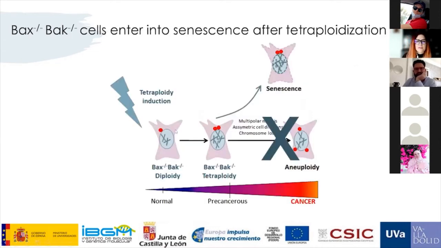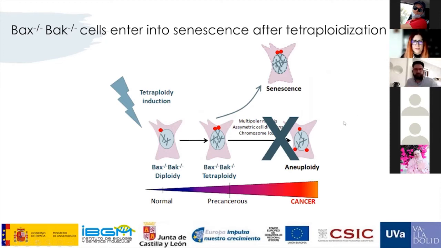What does that mean? So that means that if we have diploid double KO cells and we induce tetraploidization, in fact, these tetraploid double KO cells will enter into senescence, and then we avoid this pathway leading to aneuploidy.